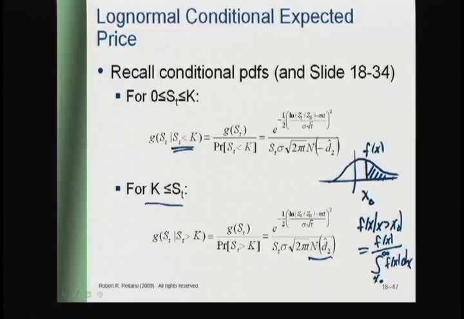Now, if I wanted to know what are these values in the risk-neutral world, it's easy. I take these formulas, convert alpha to R in both the M formulas as well as in the D2 formulas. And then I get the Black-Scholes D2s.